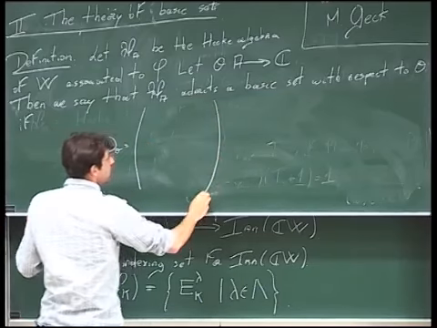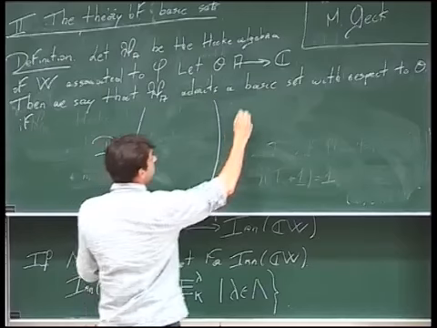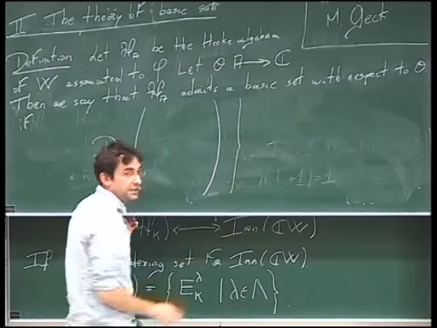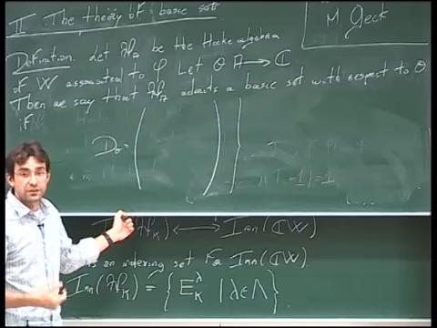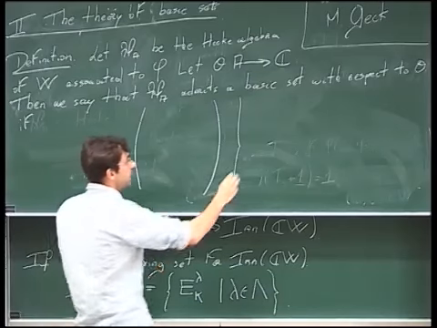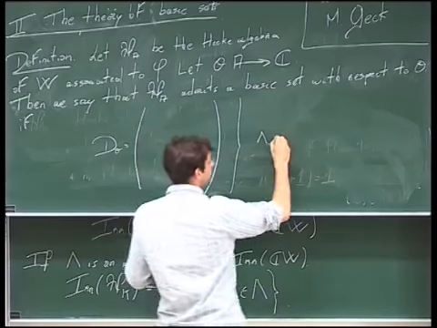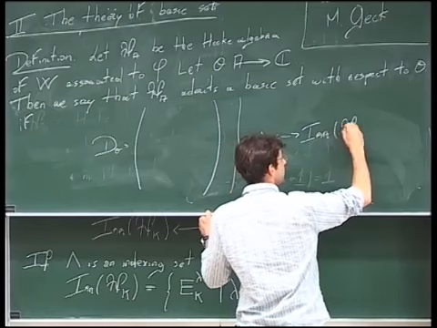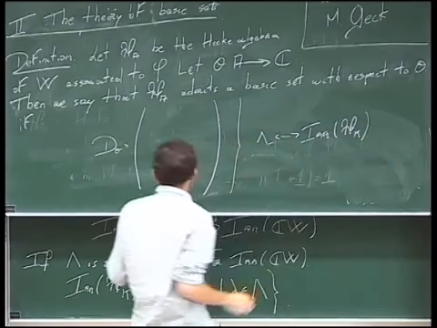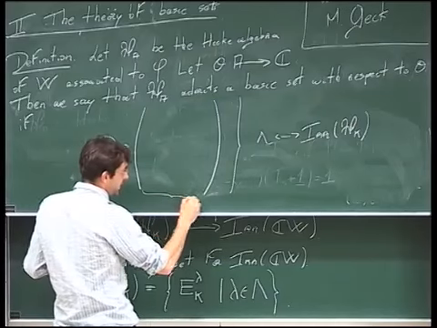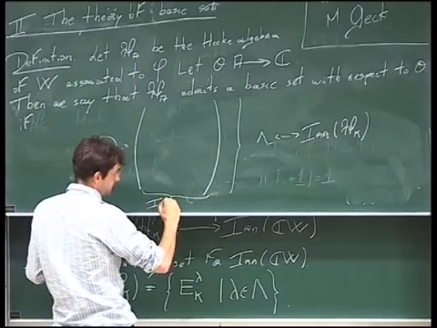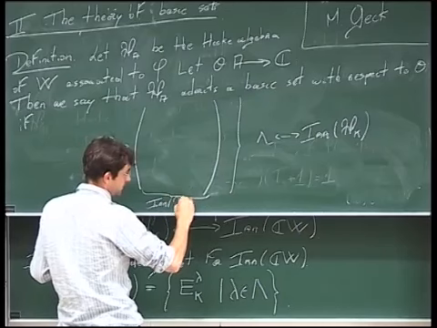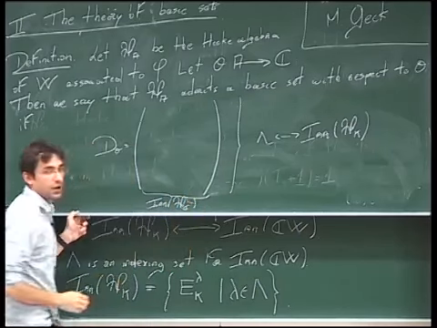The rows of the decomposition matrix are indexed by the indexing set of the simple modules for Hk, by lambda, in one-to-one correspondence with the simple modules of Hk. The columns are indexed by the simple modules of Hc.